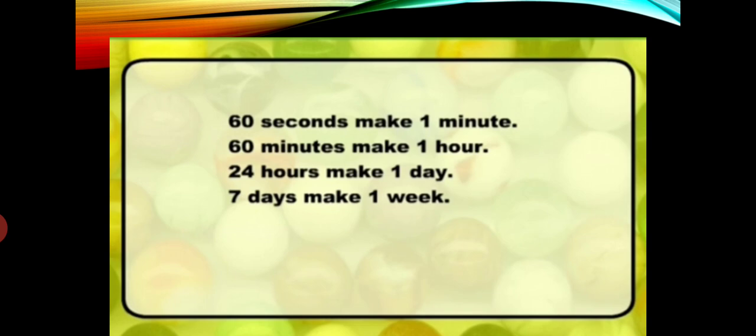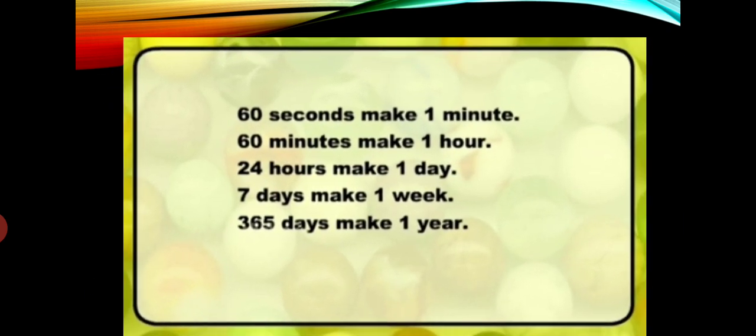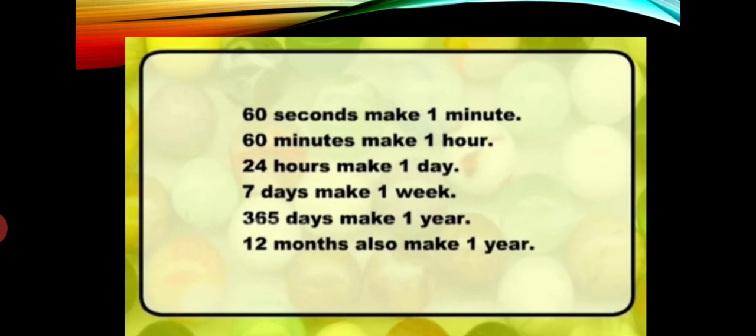और 1 week में कितने days होते हैं? 7 days. Okay, learn this. In a minute, there are 60 seconds. In an hour, there are 60 minutes. In a day, there are 24 hours. And in a week, there are 7 days. And in a year, there are a total of 365 days. And also, in a year, there are 12 months.